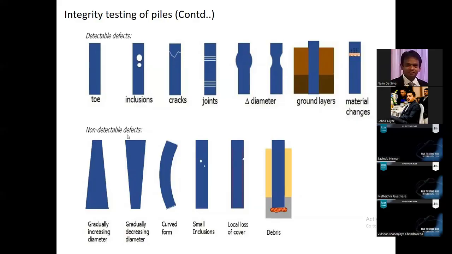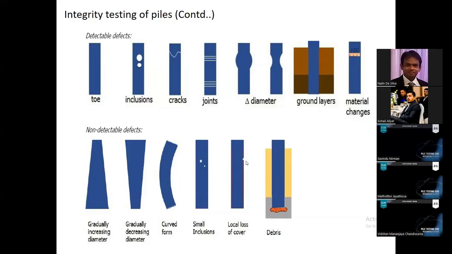So these are non-detectable defects. We cannot detect these issues through the normal PIT tests. A gradual increase or gradual decrease in the pile size cannot be detected. If the pile is curved or misaligned, we cannot detect it. Small intrusions may not be detected by the wave, right?